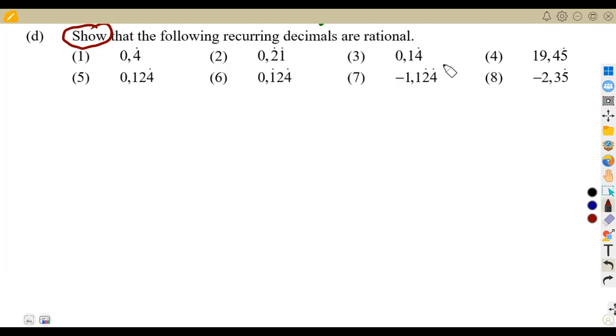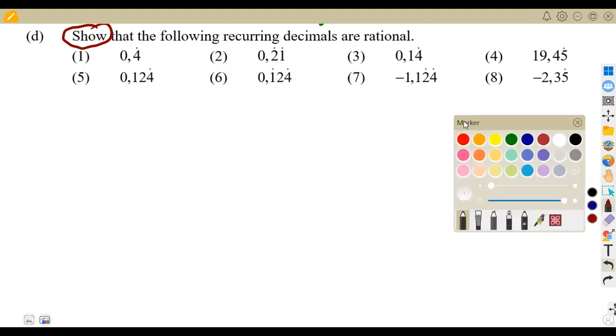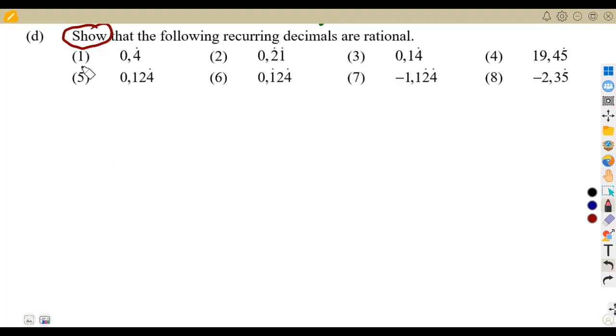So how do you prove? I'm just going to introduce and take one or two questions, then you do the rest of this exercise. Let us consider a number, 0,1 bar, which is the one that I talked about before.